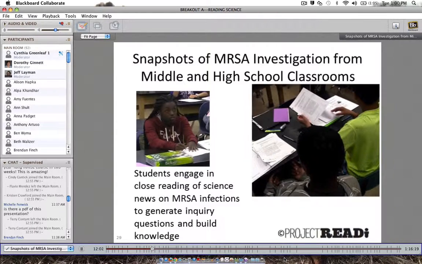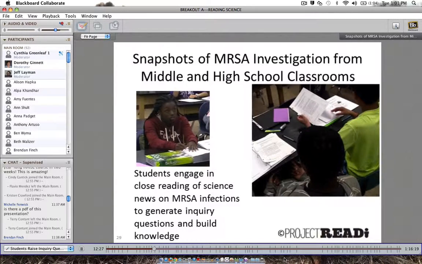And the culminating task asks students to determine a course of action to prevent the spread of MRSA in their community. They're required to explain why this course of action will work, which makes them use scientific explanation and reasoning to make the argument. So here's some snapshots of the investigation from middle and high school classrooms.